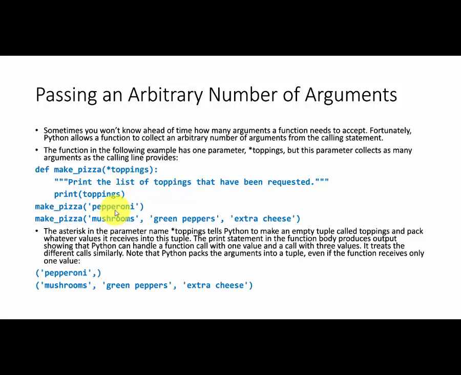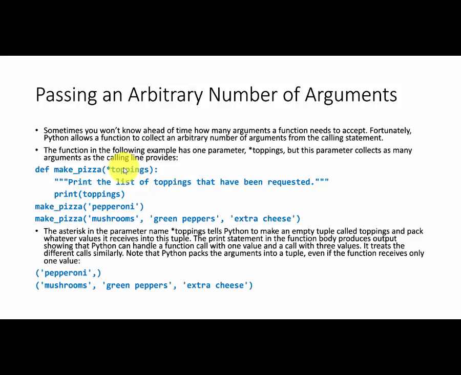So you may pass one argument, or multiple, an arbitrary number of arguments. The asterisk in the parameter toppings tells Python to make an empty tuple called toppings and pack whatever values it receives into this tuple, then print it.